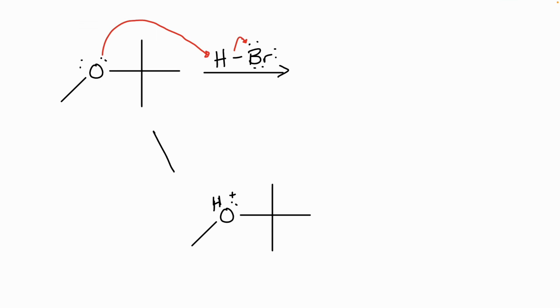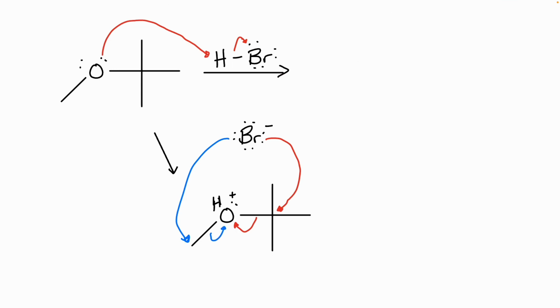Okay, so that's step one. But now step two, we have our bromide, and we need to do this SN2 mechanism. So it's either going to attack this carbon over here, breaking this bond, or it could attack this carbon over here, breaking the bond on this side.